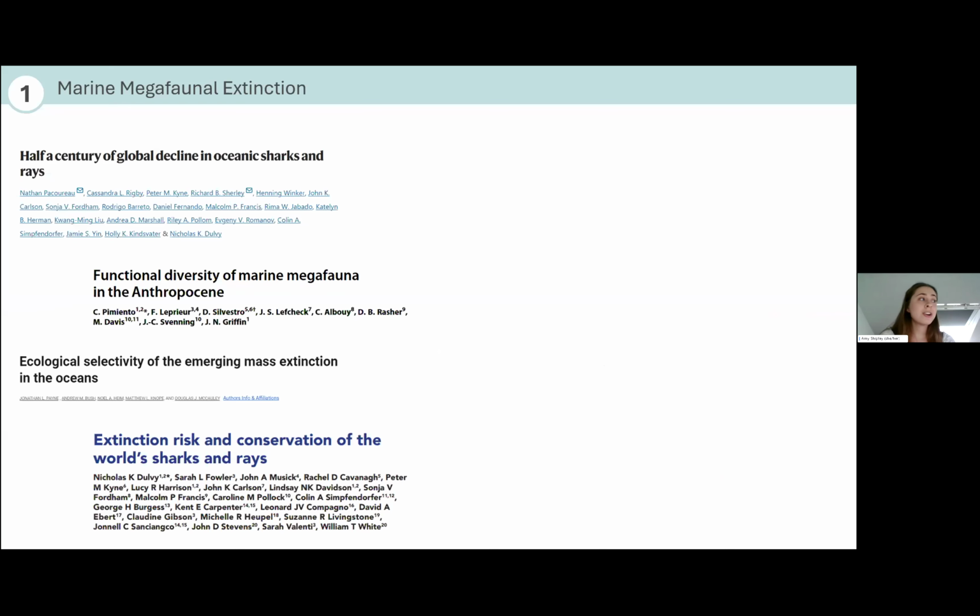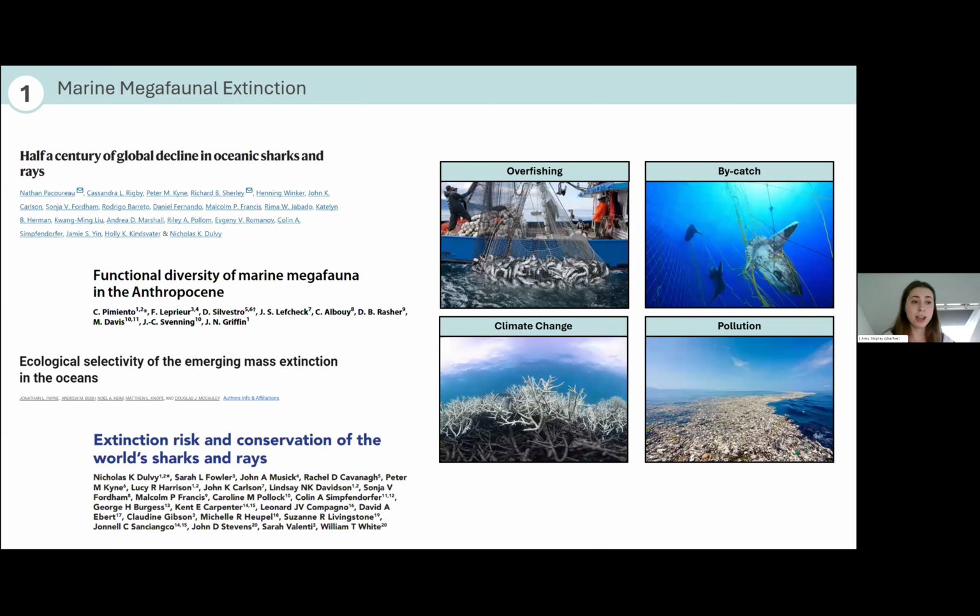So my research is largely interested in the impacts of marine megafaunal declines on marine ecosystem structure. Currently, marine megafauna are undergoing really significant population declines, and this is happening globally due to a lot of different factors. Just to name a couple, this has been due to overfishing, not only as a response to loss of prey populations, but also when marine megafauna are accidentally caught as bycatch.